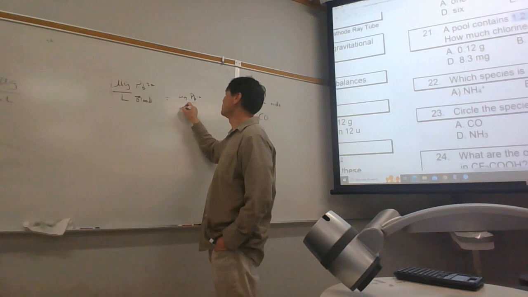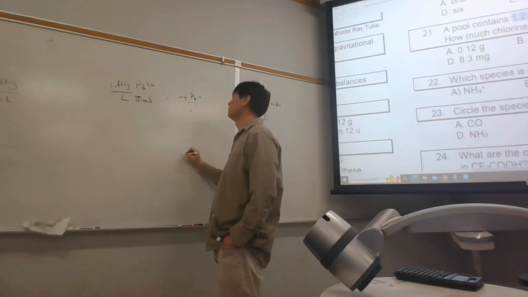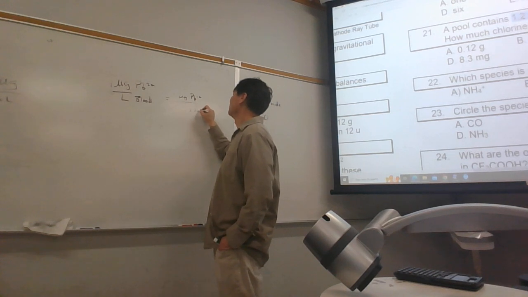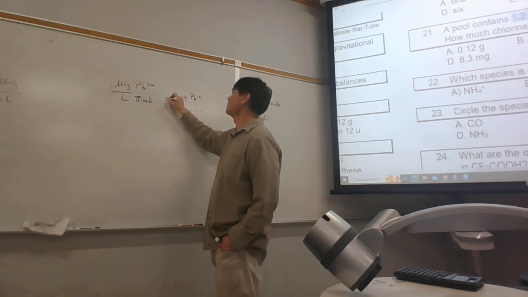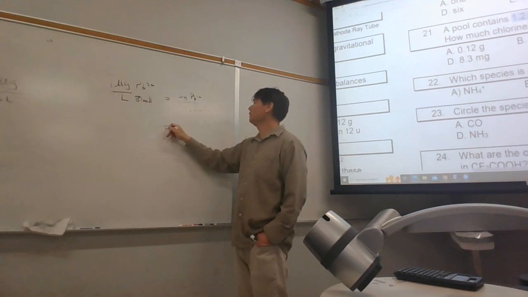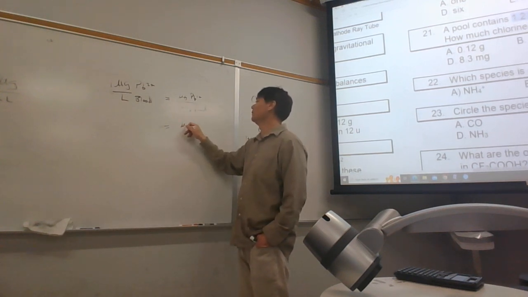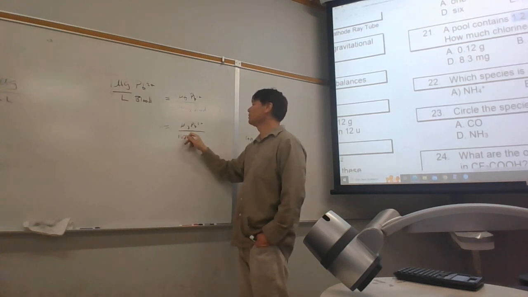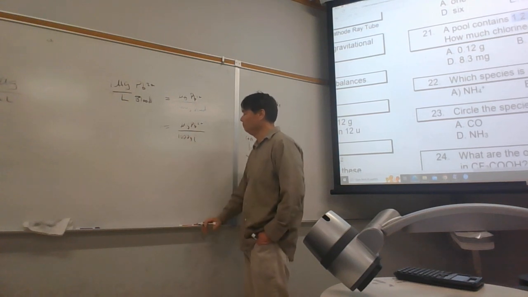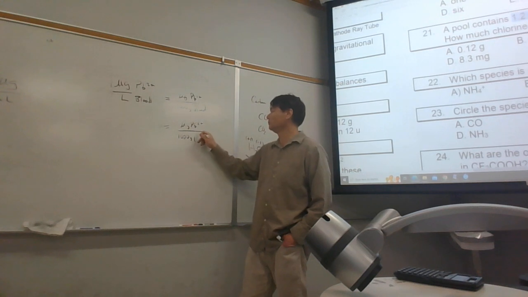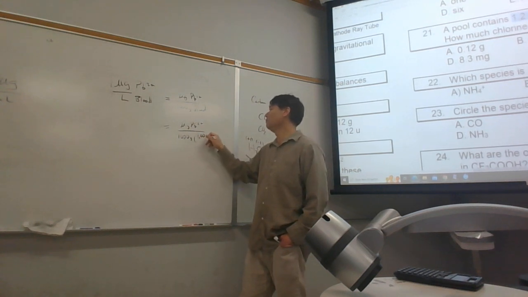And so a liter we're going to assume is 1,000 grams of blood. It's not entirely accurate, so we'll just say approximately equal. And then 1,000 grams will be how many micrograms? And so in this case, we would get microgram of lead, and then it would be 1,000 grams times how many micrograms in a gram? We'd have 1 million, 10 to the 6 micrograms per gram. And the grams cancel out.